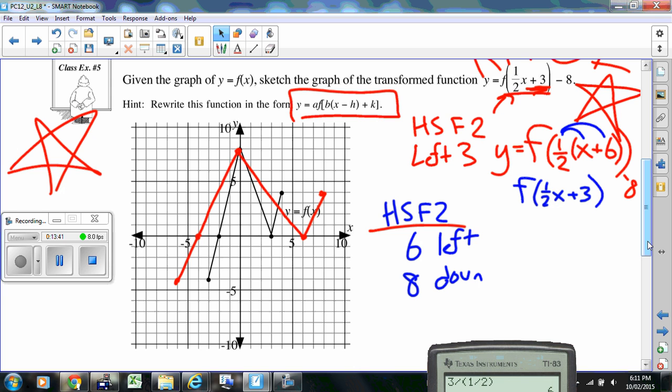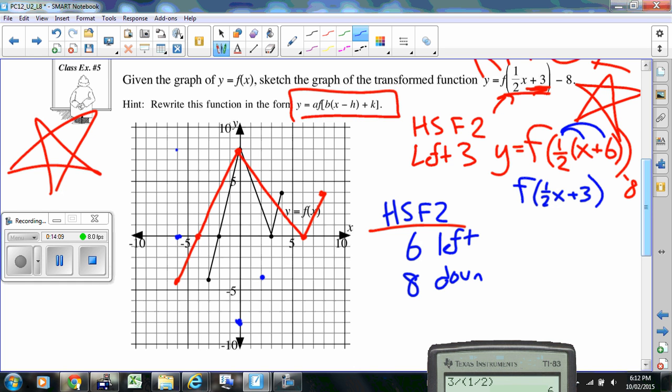And now all I need to do is go 6 left, 8 down. So 2, 3, 4, 5, 6. 8 down should put it about there. 6 over, 8 down should put it there. 6 over, 8 down should put that one right there.